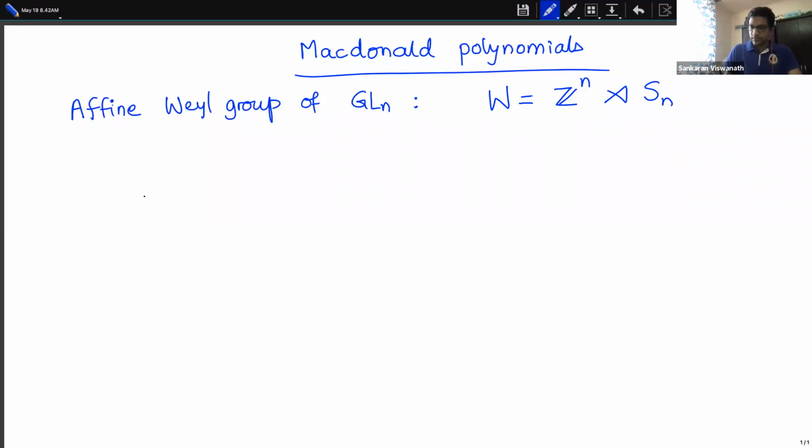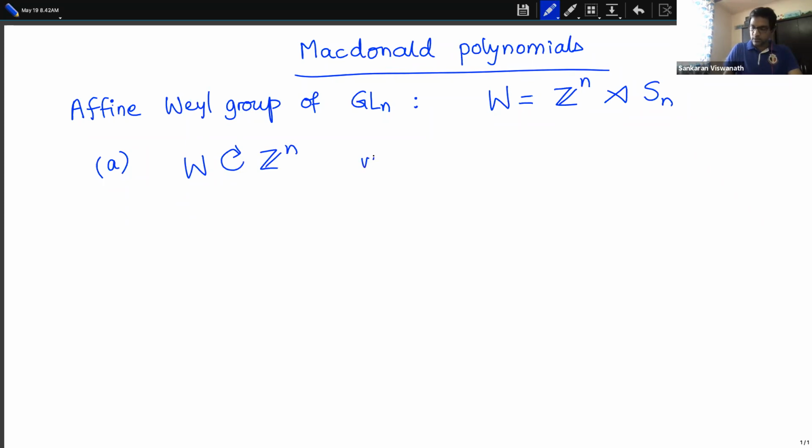But it's more useful to think about two of its actions. So there are these two standard actions of this group. The first one is familiar if you've seen affine root systems and affine Weyl groups before, which is that the group W acts on the lattice Zn as follows.